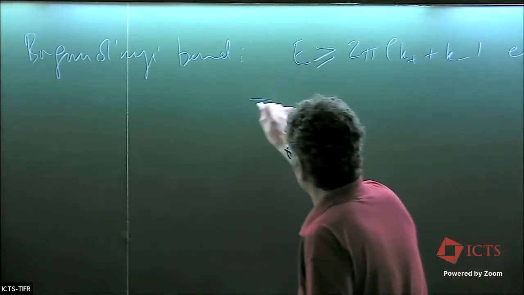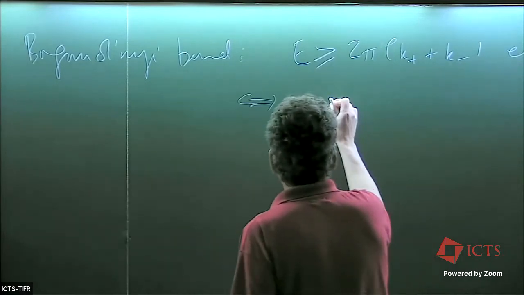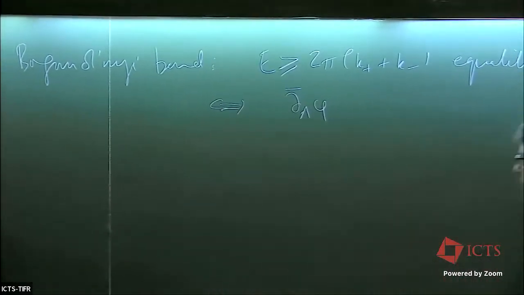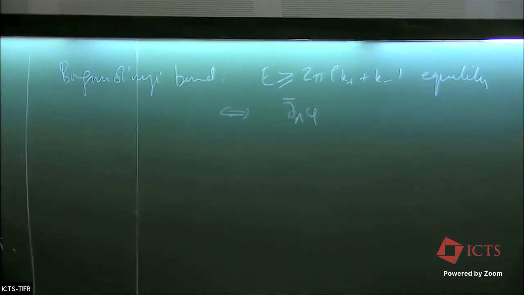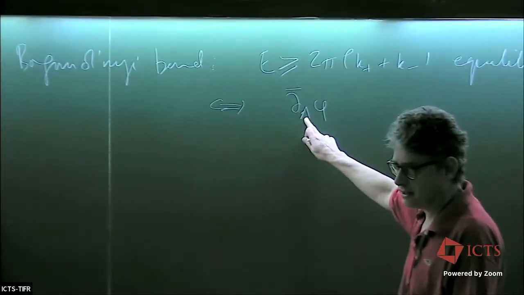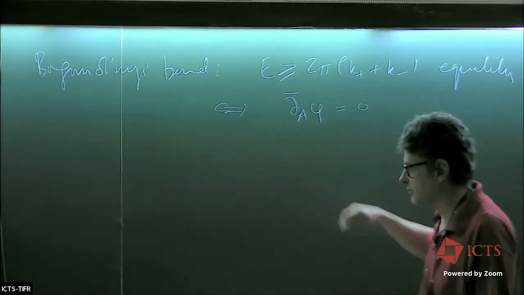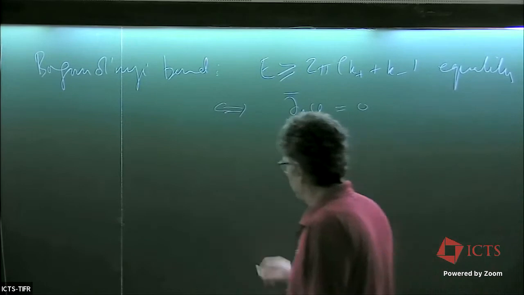If and only if, well, you already know the answer to this if you've been paying attention to the other courses. If and only if the 0,1 part of d_A phi is 0. So phi is holomorphic with respect to the structure defined by the connection.